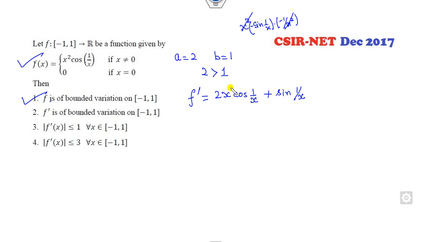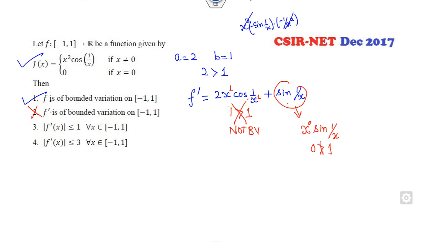Now clearly it is 1, it is 1, it is not greater than, so it is not a bounded variation. Moreover, I can express this quantity like this also. Fine. So clearly 0 is not greater than 1. This is not bounded variation, f is not bounded variation.